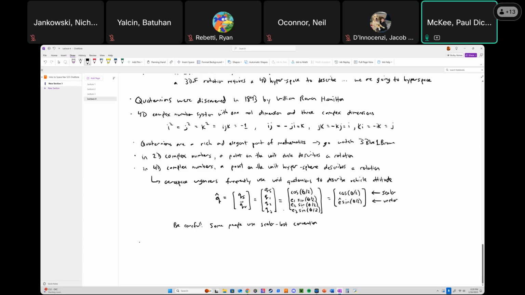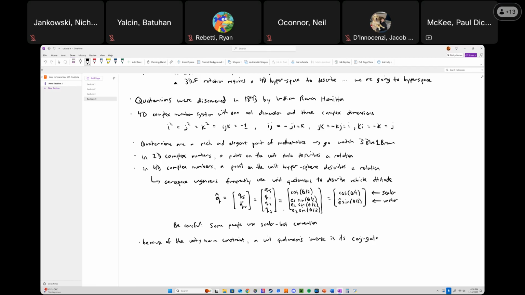Now, because of the unity norm constraint, a unit quaternion's inverse is its conjugate.